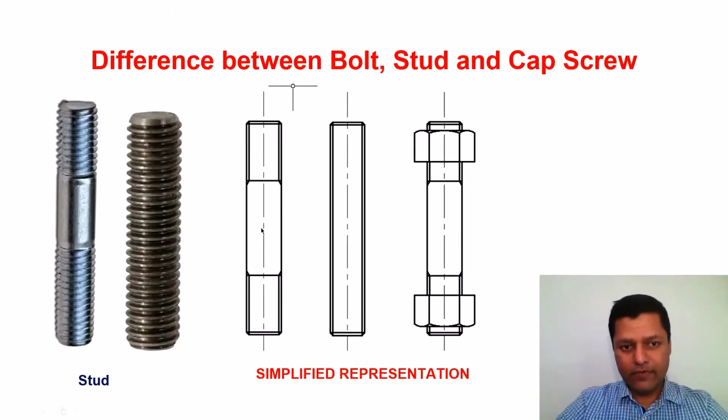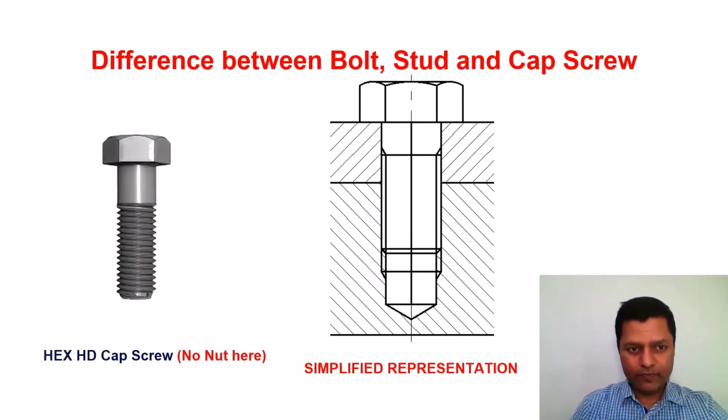This is a simplified representation of the stud which is only threaded at the two ends, so we have the thread run out here. And this simplified representation of the stud is completely threaded from one end to the other. Here we are showing the stud with two nuts at the two ends.